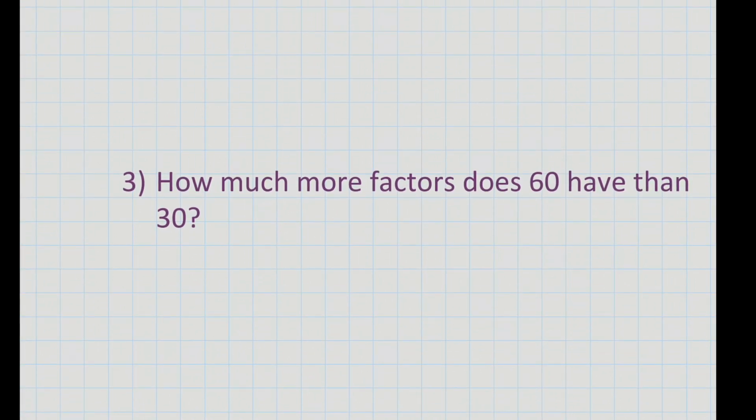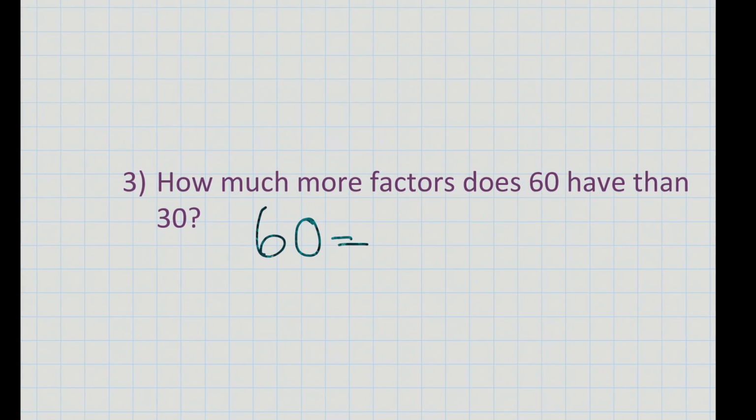So the next problem is, how many more factors does 60 have than 30? First, we'll find out how many factors 60 has. 60 is equal to 4 times 15, and 4 is 2 squared, and 15 is 3 times 5.